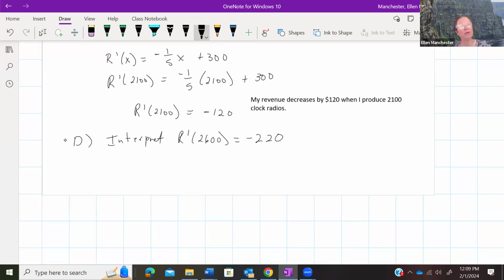So again, more is better is not always true in business. So if I were to do the same thing and I had the production at, let's say, 1,000, it would be negative 1/5 times 1,000 plus 300. Let's see what that would do.